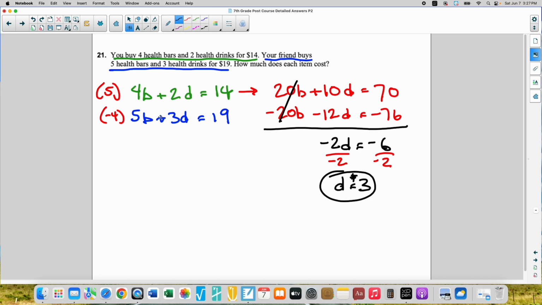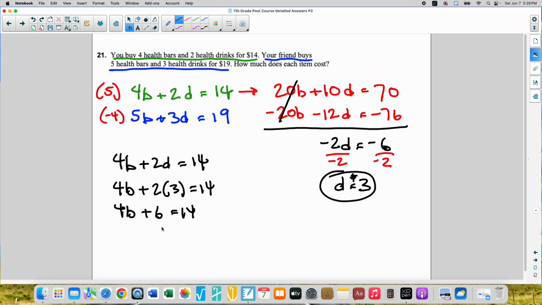And then I can pick any of these to figure out what the bars are. So I'm going to use the top equation, 4b plus 2d equals 14. I'm going to plug in 3 for d, and we're going to simplify before moving. Minus 6 minus 6. 4b equals 8.